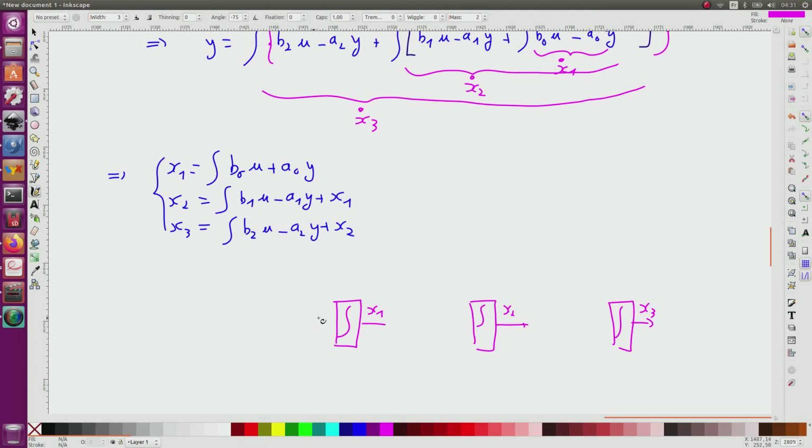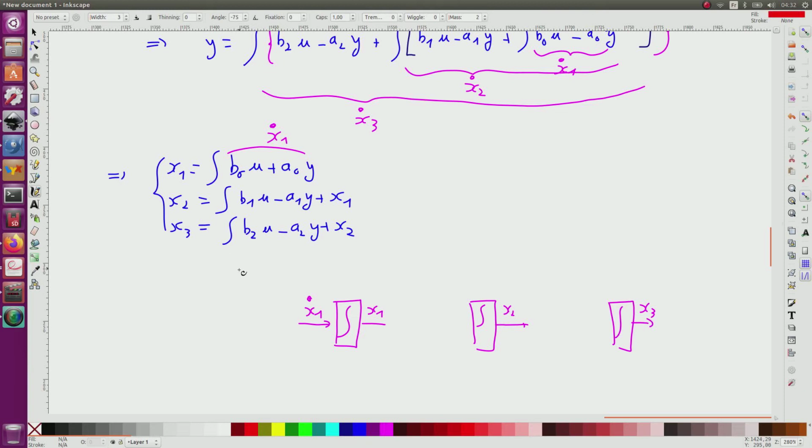Here I will have x dot 1, and I know from this equation that this corresponds to x dot 1.